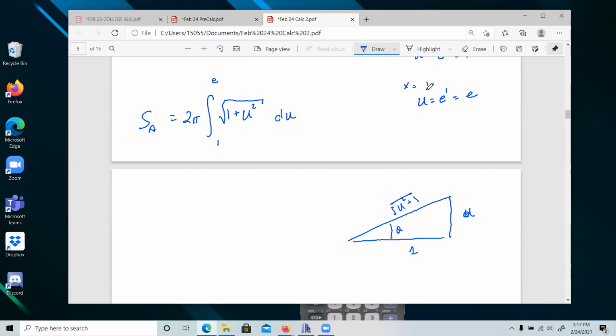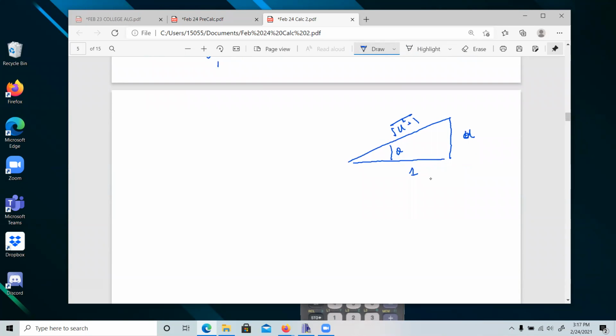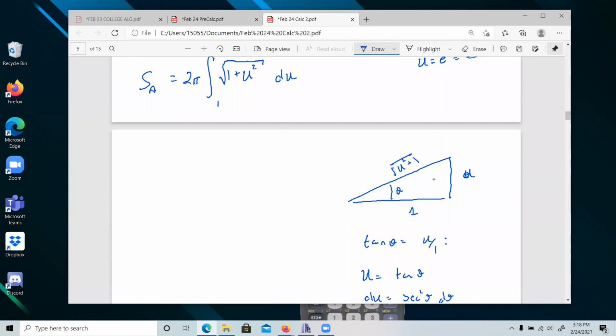All right. And since tangent of theta is equal to u over 1, u must equal tangent of theta. So du must equal secant squared theta d theta. Okay.